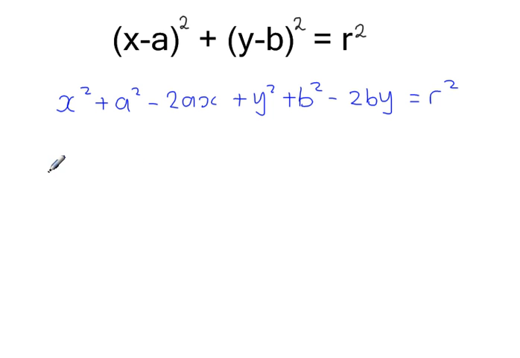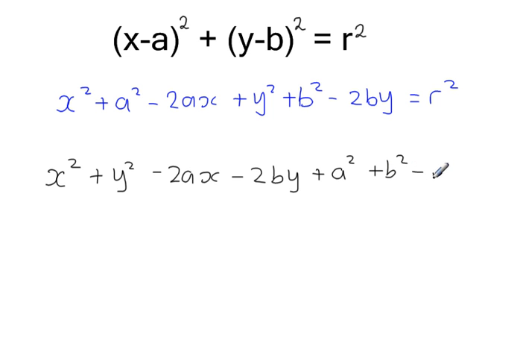And then rearranging the terms, x squared plus y squared minus 2ax minus 2by, and then all the constants, plus a squared plus b squared minus r squared is equal to 0.